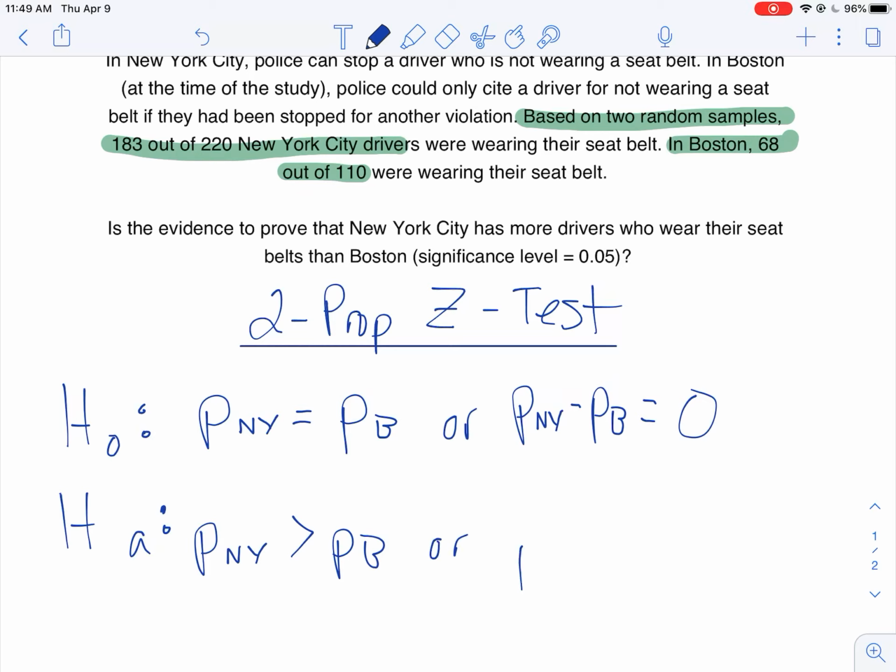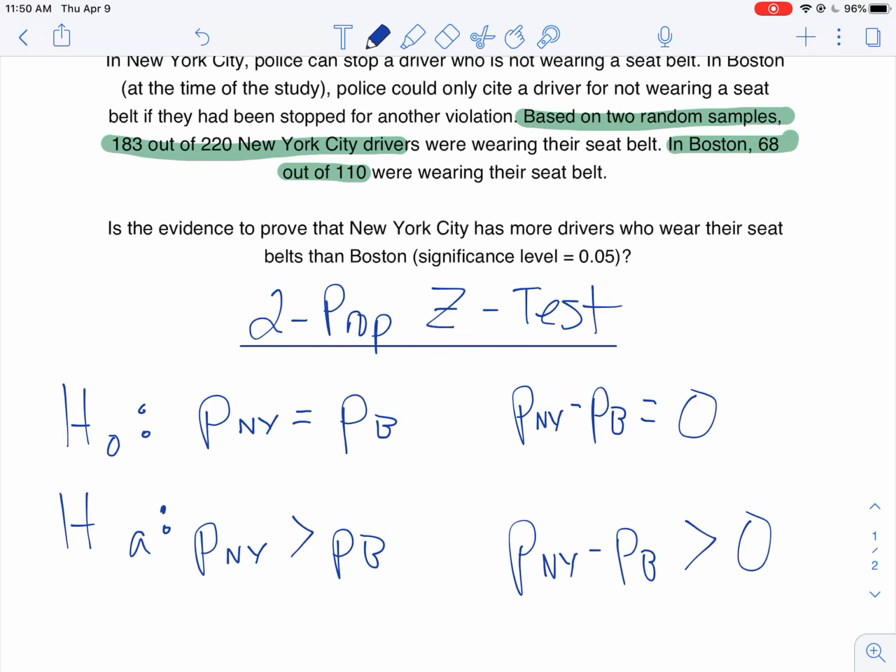So now here's the other way I can set it up. I could do the proportion of New York minus proportion of Boston. Now, if the proportion of New York drivers is greater than Boston, that means this number would have to be greater than this. If your first number is greater than your second number, you're always going to get an answer greater than 0. So these are the two approaches you can take.